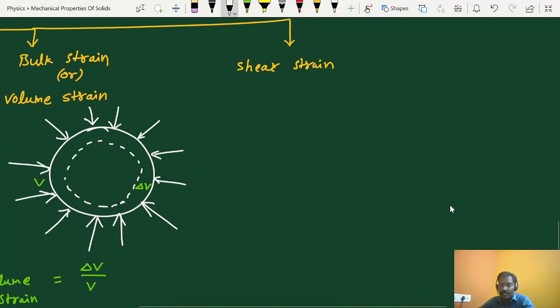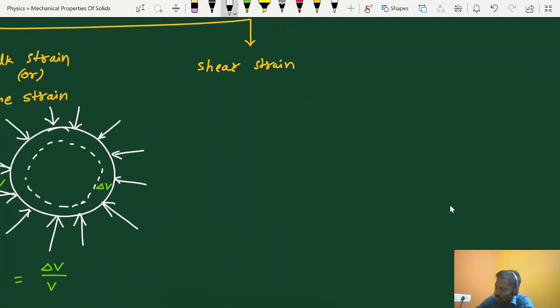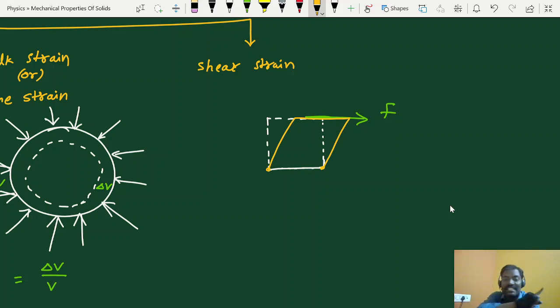Shear strain is, see, just now I have drawn one diagram, like if this is the original side length of a body. When parallel force acts on the body, tangential force, we can expect change in shape, but there is no change in size, right, students?